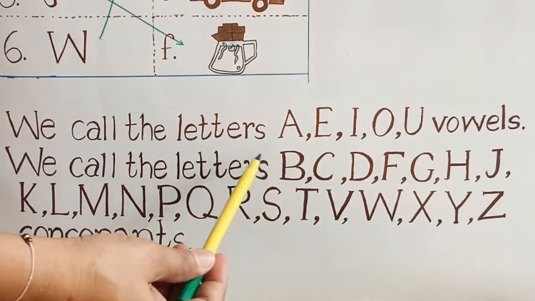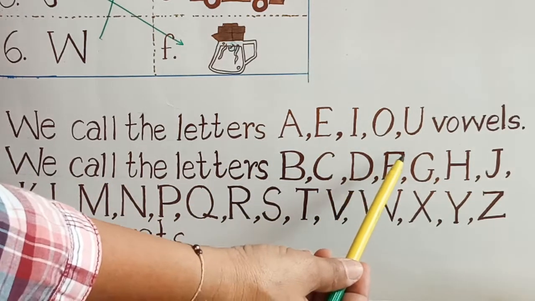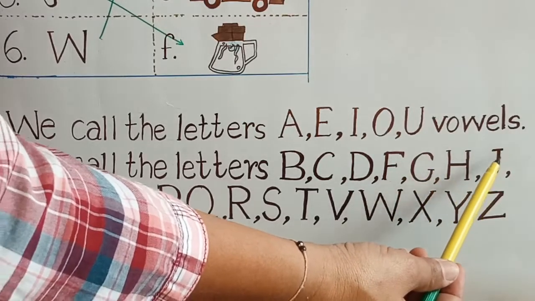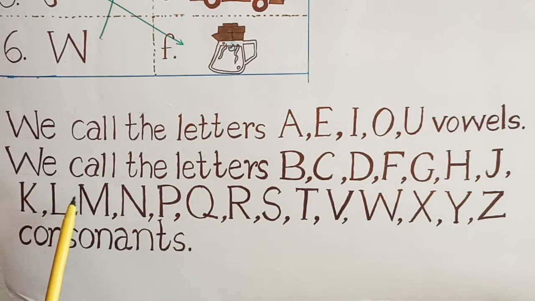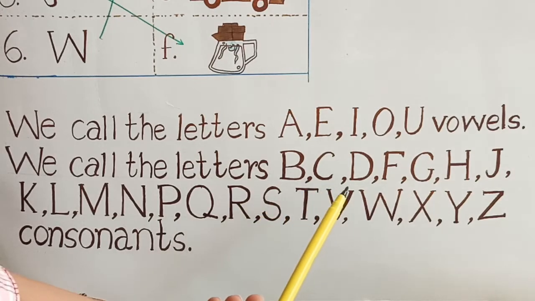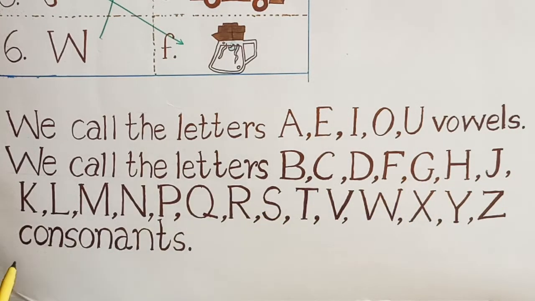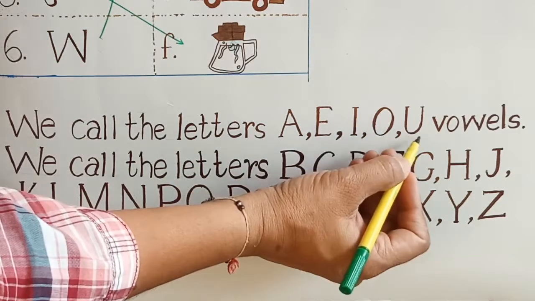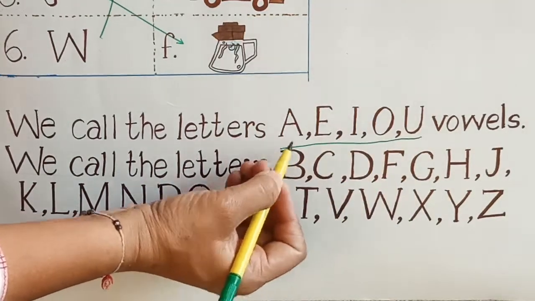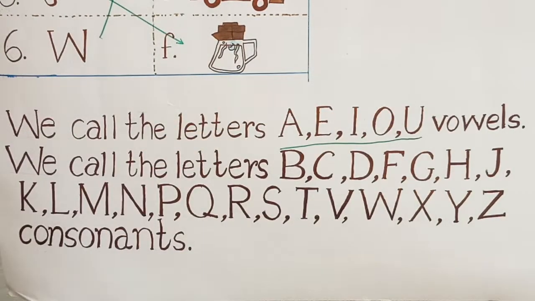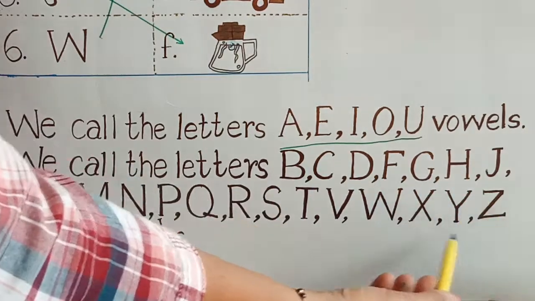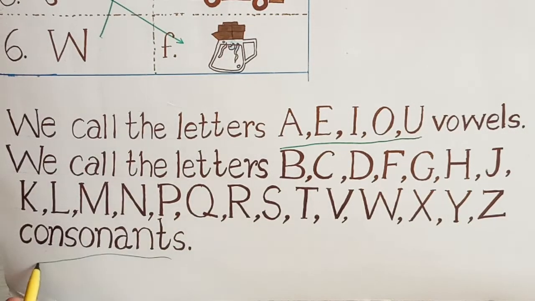We call the letters B, C, D, F, G, H, J, K, L, M, N, P, Q, R, S, T, V, W, X, Y, Z consonants. These 5 letters A, E, I, O, U are called vowels and the rest of the letters are called consonants. Fine.